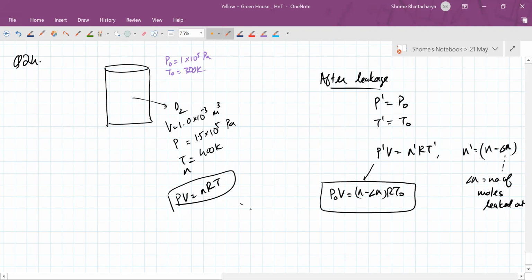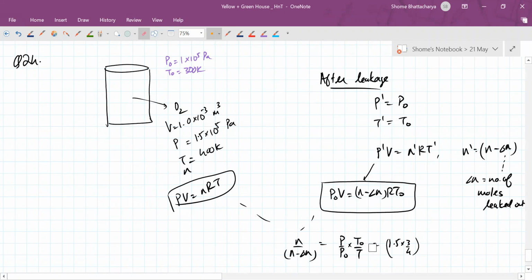So comparing these two equations, we can see that, sorry, into 4 by 3.